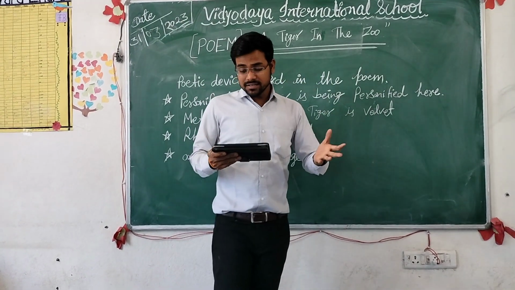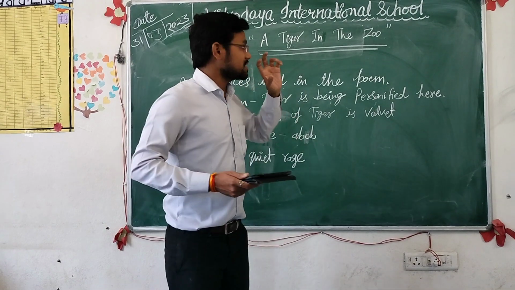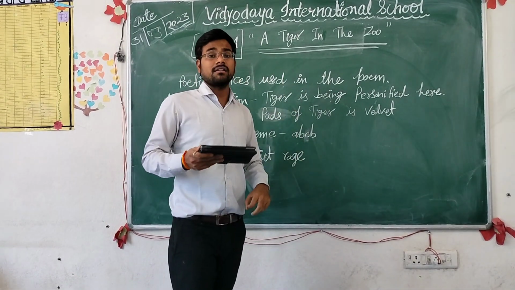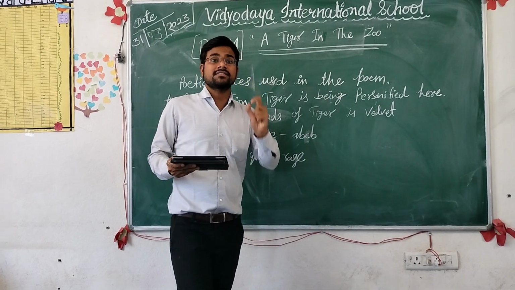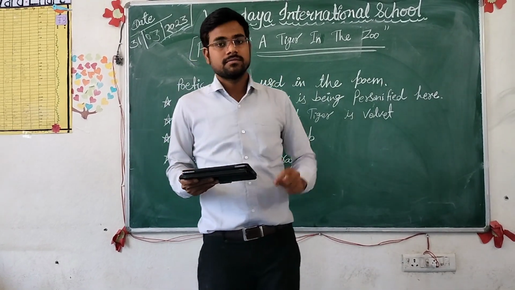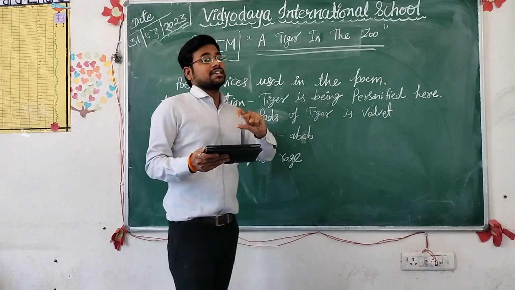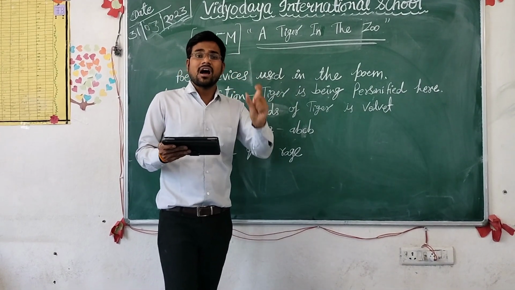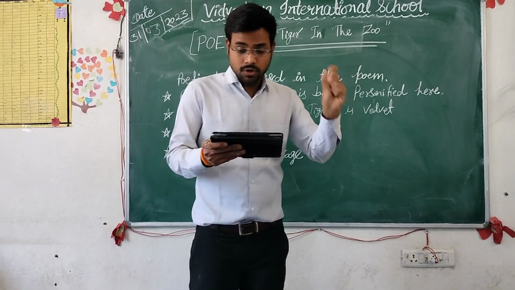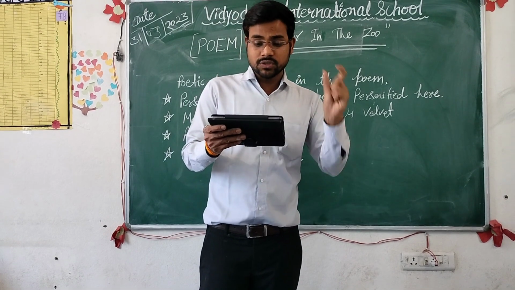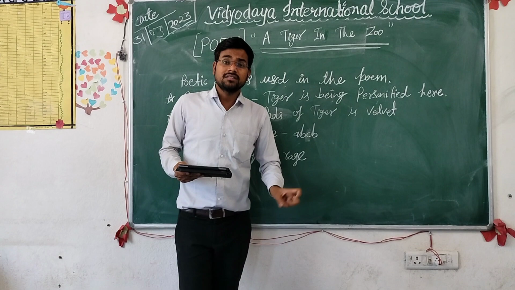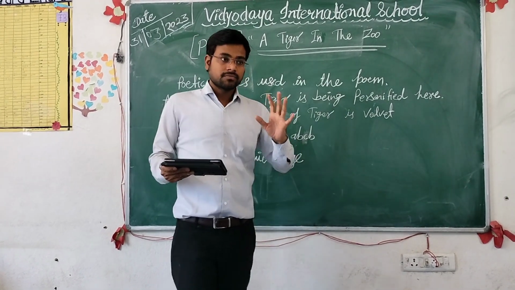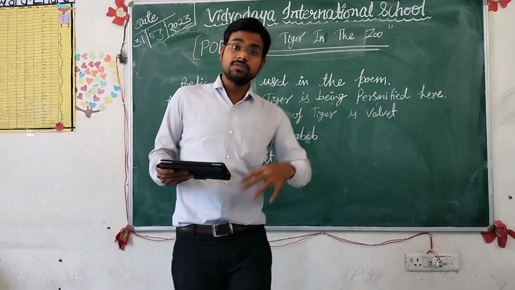The writer is saying that the stripes of the tiger are vivid. Vivid means dense color or intense color, or bright. The tiger is walking here and there, and the stripes look really bright, on pads of velvet, in his quiet rage. Quiet rage means the tiger is trying to show anger, but he is not able to.